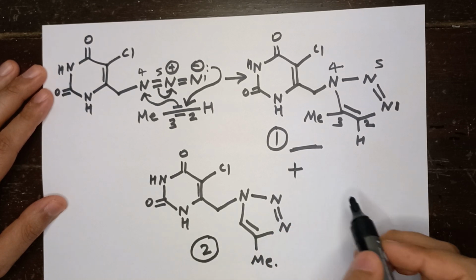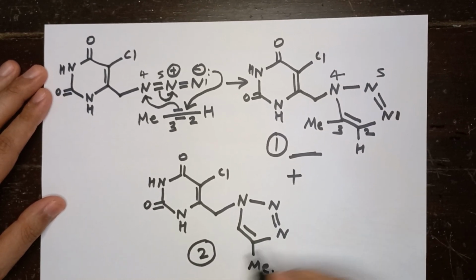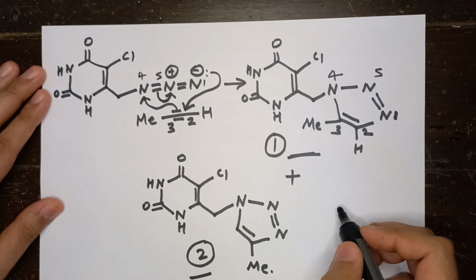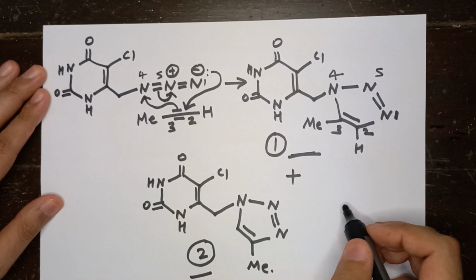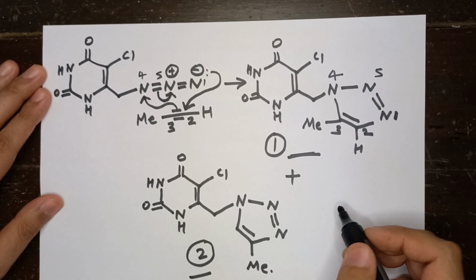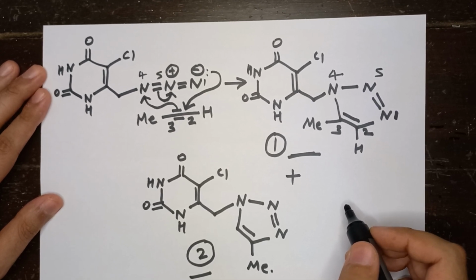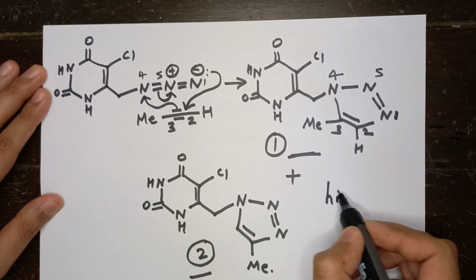Now you are getting the mixture of product, but one of them is going to be the major one. So what do you think? Which one is going to be the major one? So I have already discussed this in my previous video, that you need to look out to the molecule related to the hindrance of the molecule. Okay, so you need to focus on the hindrance.